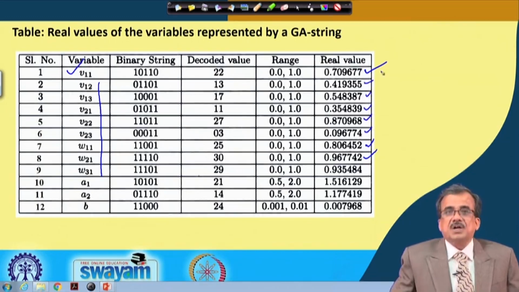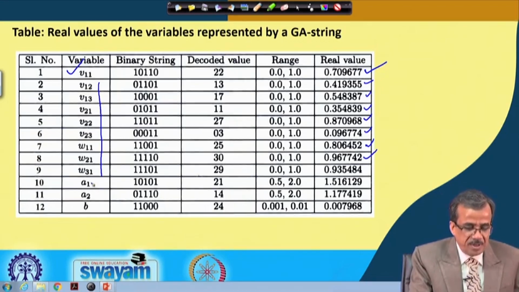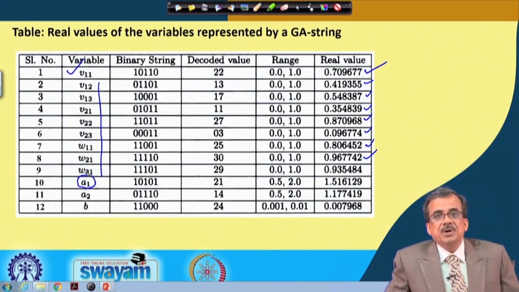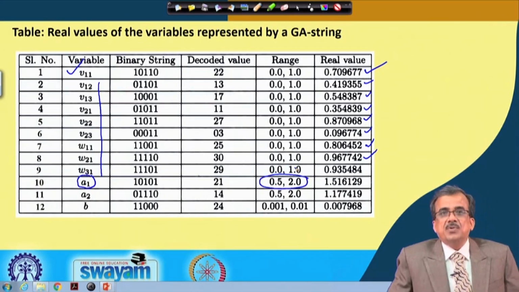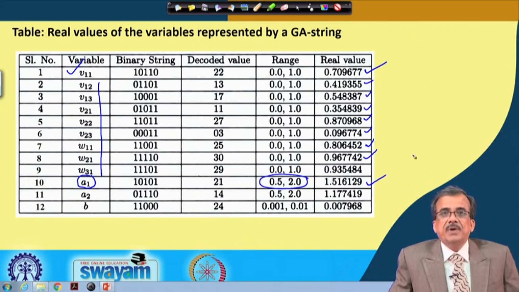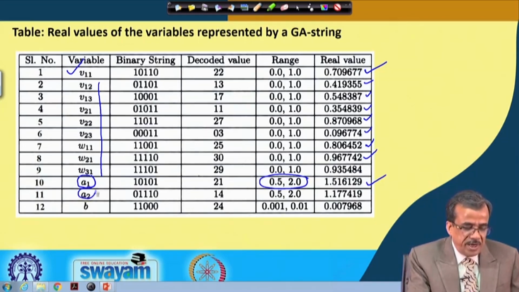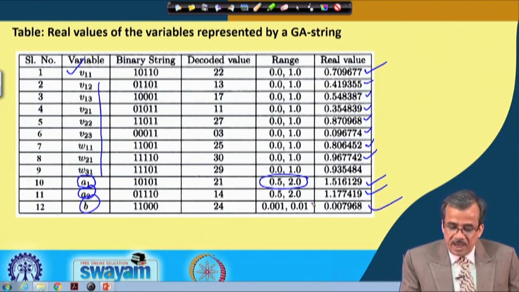Okay. Now, the range for A1, that is the coefficient of the log sigmoid transfer function, is 0.5 to 2.0, and once again by following the same principle you can find out the real value. Similarly, corresponding to A2 I can find out the real value, and for B I can find out the real value, and the range for B is 0.001 to 0.01.